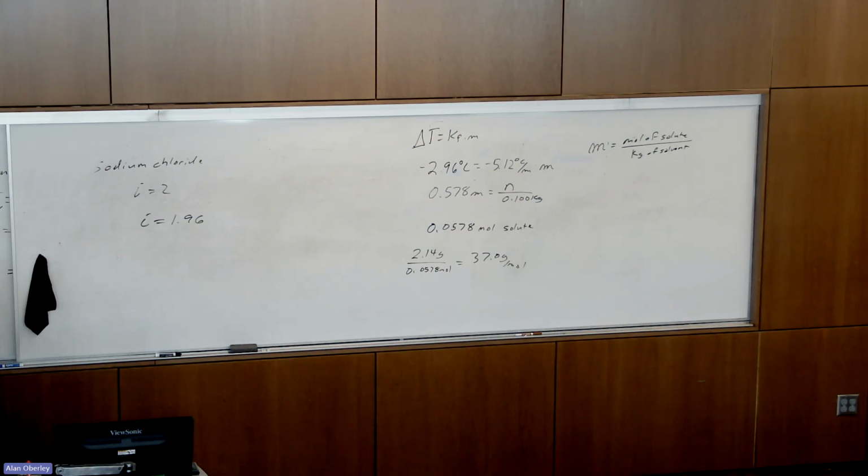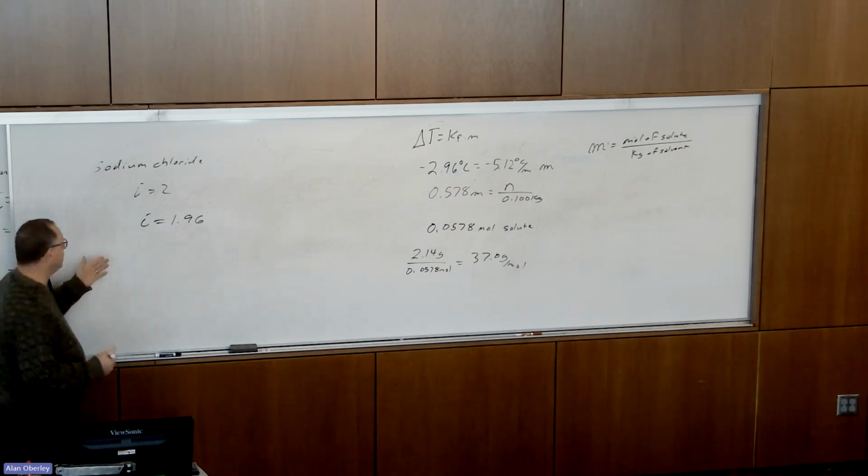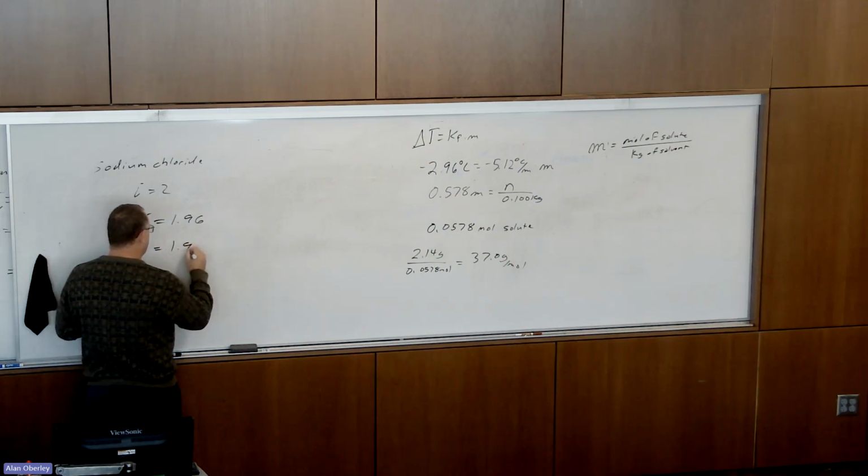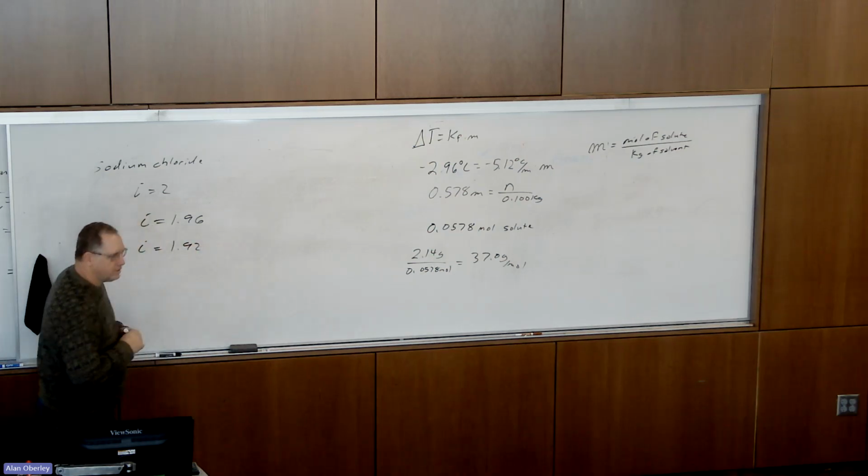And because it doesn't come out what I expect, I'm going to call it the Van Hoff factor. Okay. And the Van Hoff factor is the factor that he put in to explain why things weren't coming up with what he expected. And as he increased the concentration, the i would go down to like 1.92 or even farther than that.